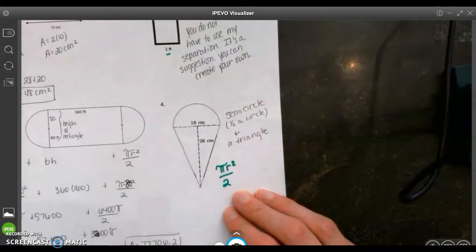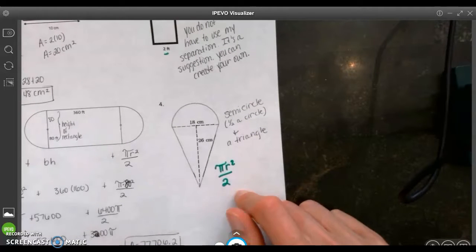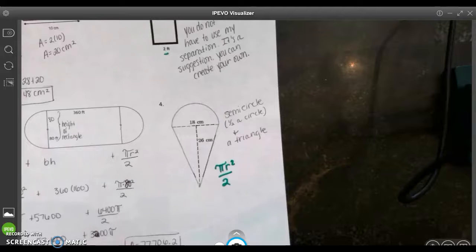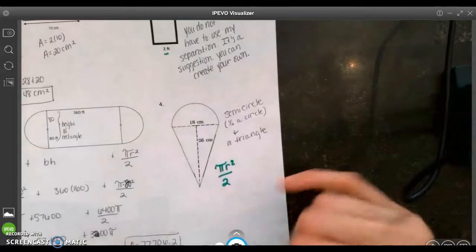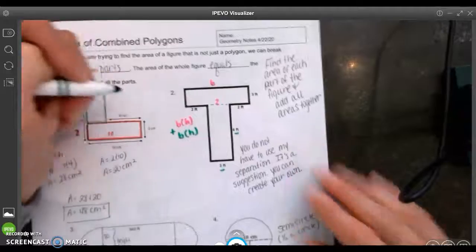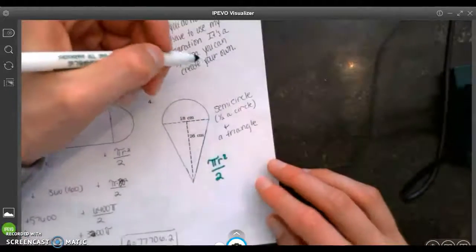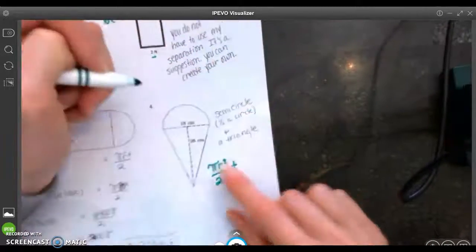In number 3, we had a decimal answer, so let's go ahead and get a decimal answer for number 4 also instead of the exact answer. So you can go ahead and type in 3.14 and get the decimal, and figure it out that way, because you're going to have to add it. So just like we did up here, we're going to add that semicircle to the triangle.